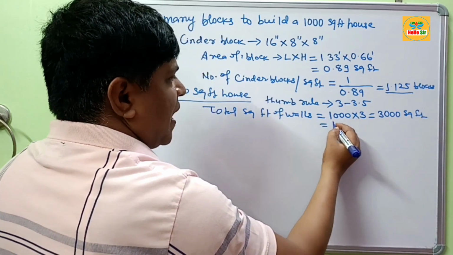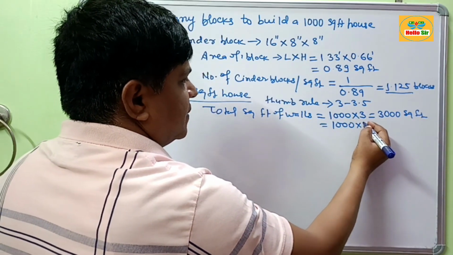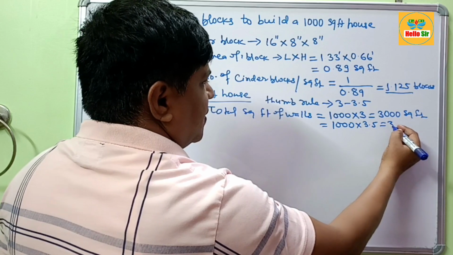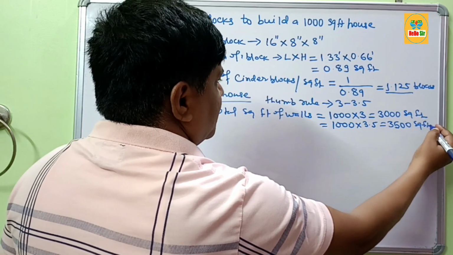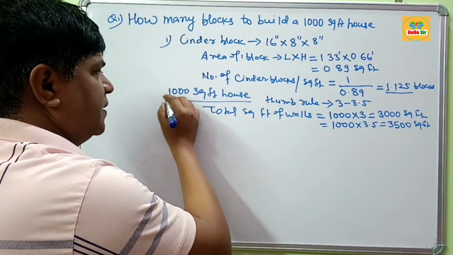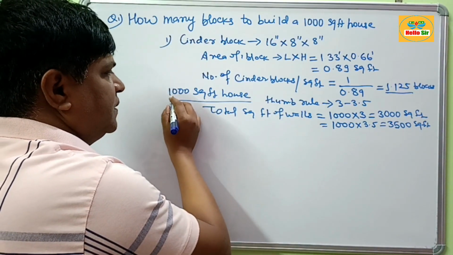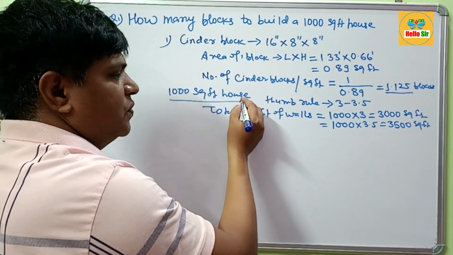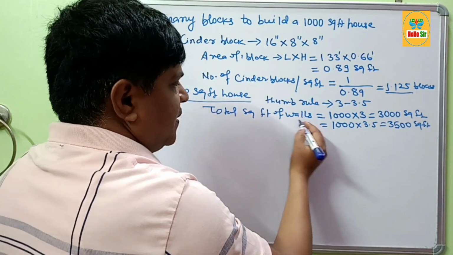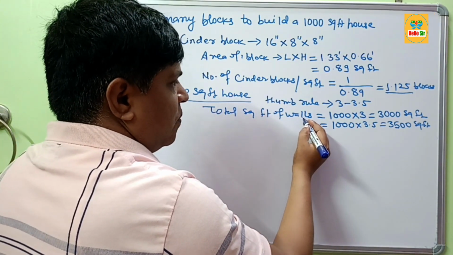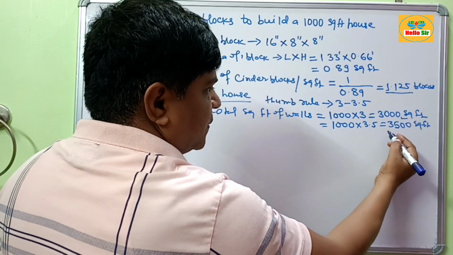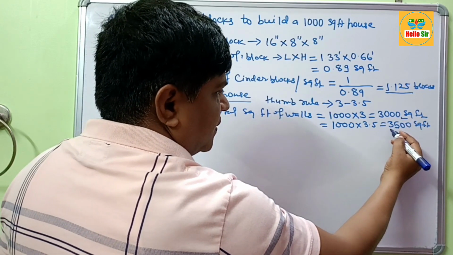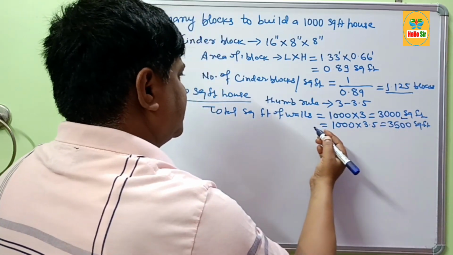And if you multiply by 3.5, this will come to about 3500 square foot. It means a house that is 1000 square foot has an approximate total wall area of about 3000 square foot, or it may be 3500 square foot.